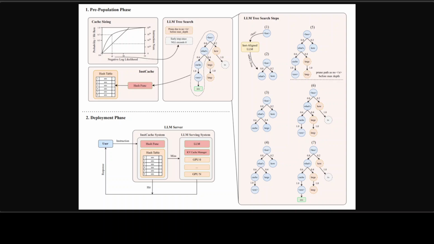This NLL is a mathematical method that predicts the likelihood of a particular instruction being used or not. This approach enables the cache size and hit rate, which is a percentage of instructions that are found in cache, to be predictable. InstCache is implemented as a hash table. A hash table is a data structure that allows for fast lookup of instructions. So this InstCache, which acts as a hash table, minimizes lookup latency, and that is a big deal in my humble opinion.